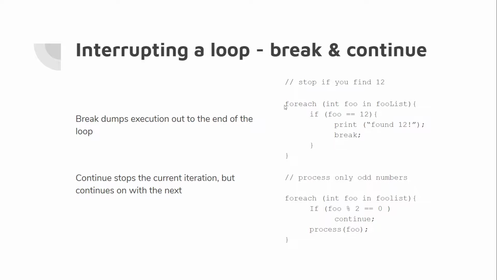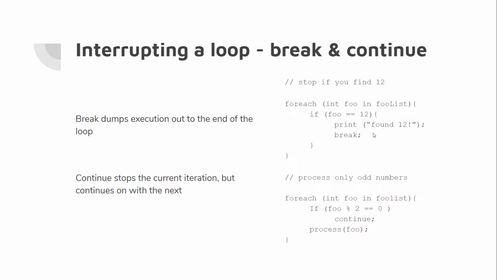For example, this might be checking the elements of this fooList, and we're going to look at each one of them. For each int foo in our list, we run the body of this loop. For each one, check: is foo equal to 12?